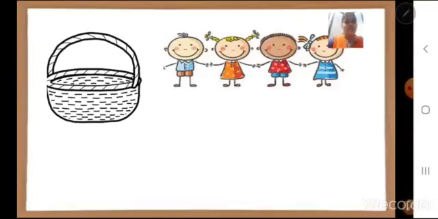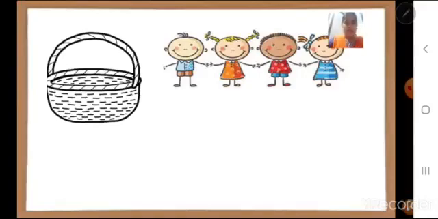How many will they get? In the basket there are 0 apples, or no apples. If the child is asking me, give me apples, how many should I give them? As there are 4 kids and there are no apples, each kid will get 0 apples, or they will not get any apples.